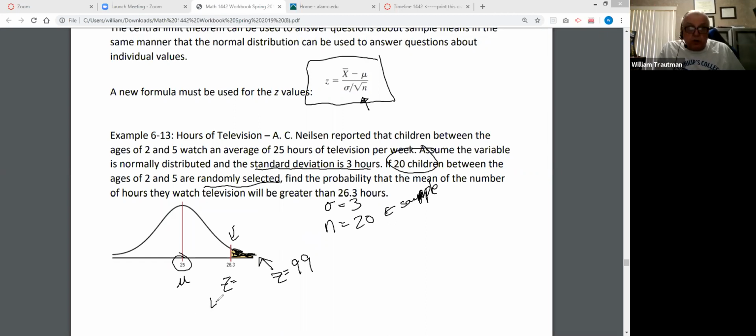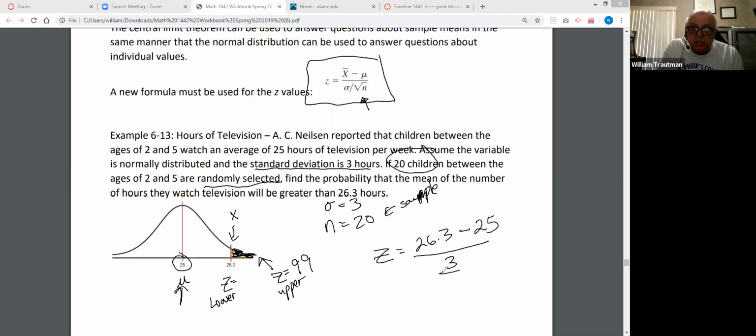That'll be our lower, and this will be our upper. To find that Z value, we're going to use our formula up here. Our value, which is 26.3, this is our X value, minus our average. Our average was 25. There's our mean, divided by the standard deviation, which is 3, divided by the square root of 20.